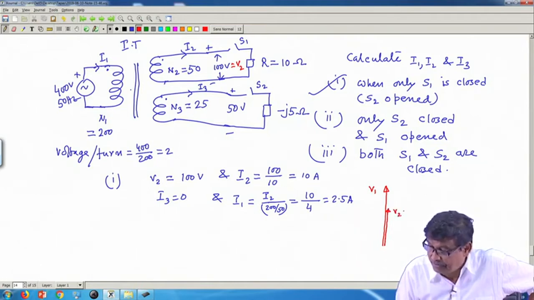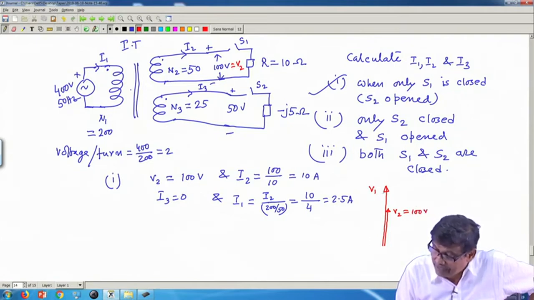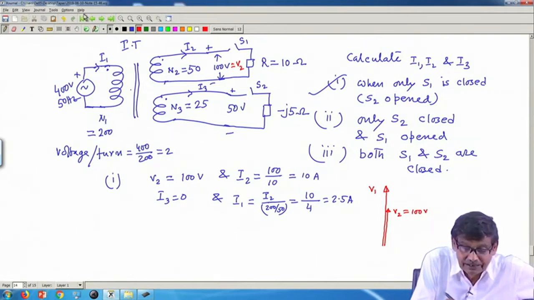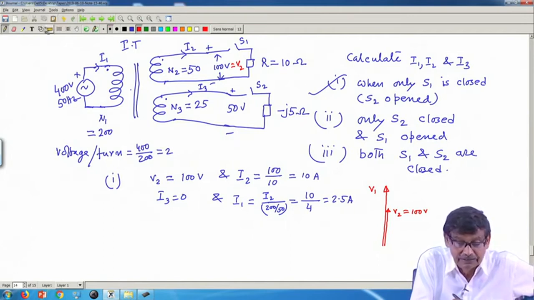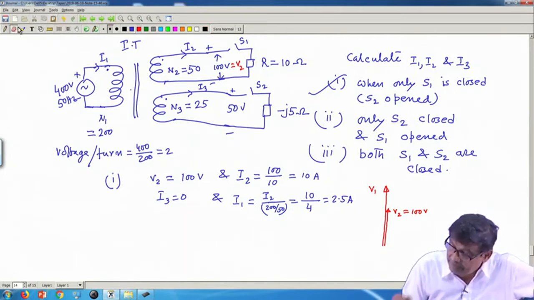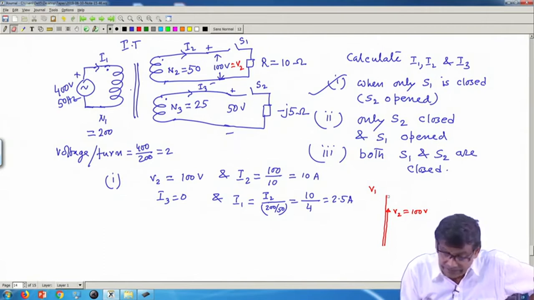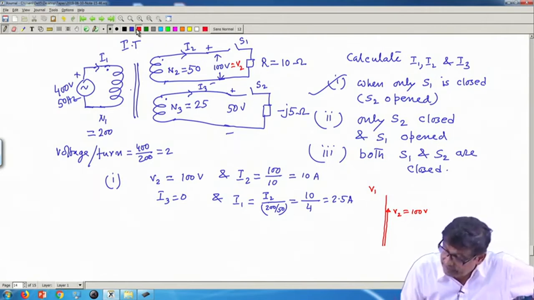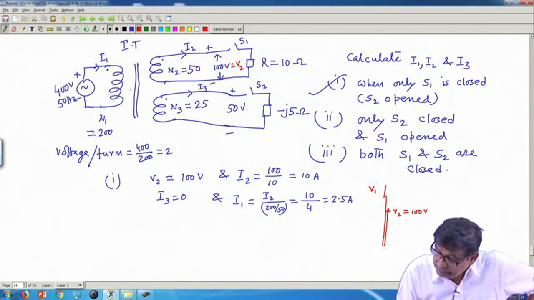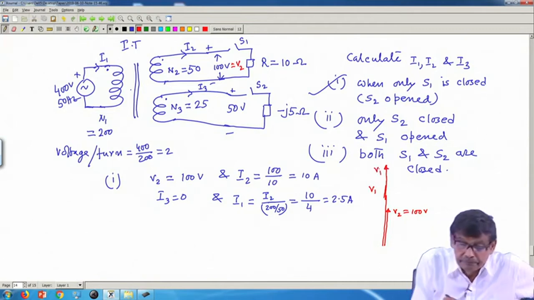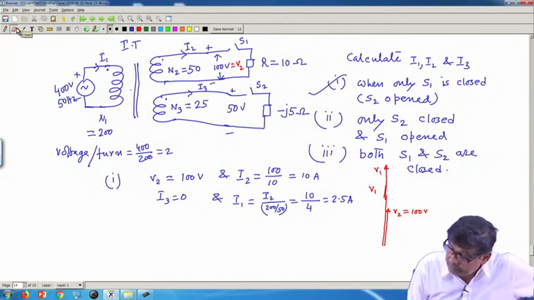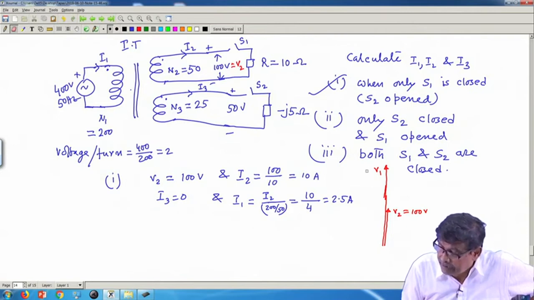V 2 is equal to 100 volt. And to be slightly practical, this is 1/4, so this length will be much higher. This is V 1, and this is equal to 400 volt.